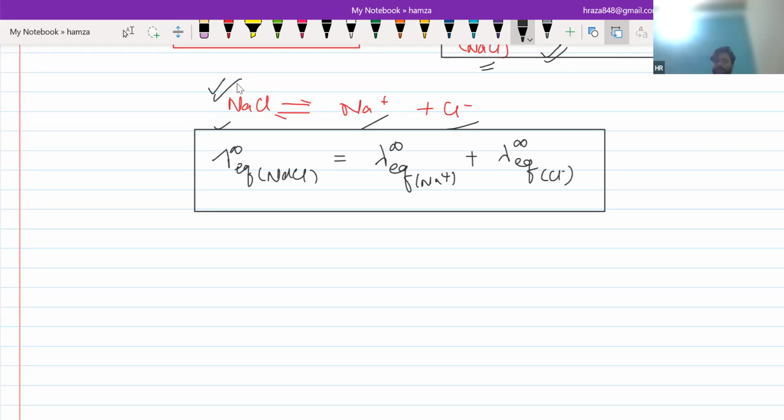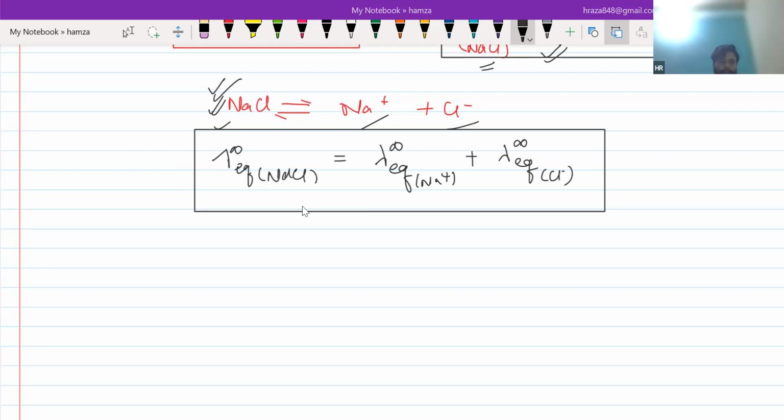The sum of these equivalent conductivities at infinite dilution will be equal to the equivalent conductivity of NaCl at infinite dilution. Now got it or not? When we dissociate it into two parts, Na plus and Cl minus, the sum of these cation and anion equivalent conductivities at infinite dilution will be equal to the equivalent conductivity of NaCl at infinite dilution.